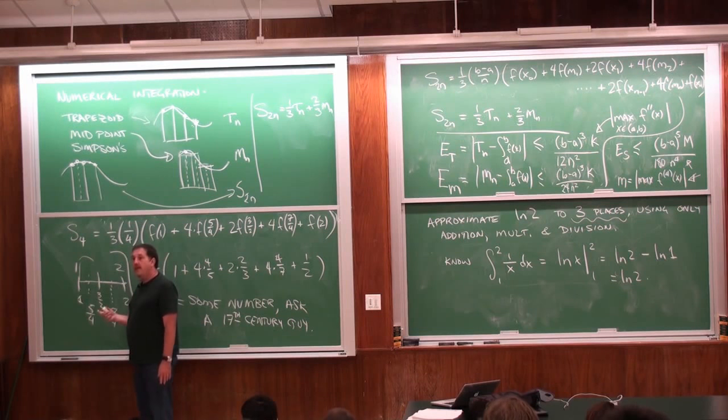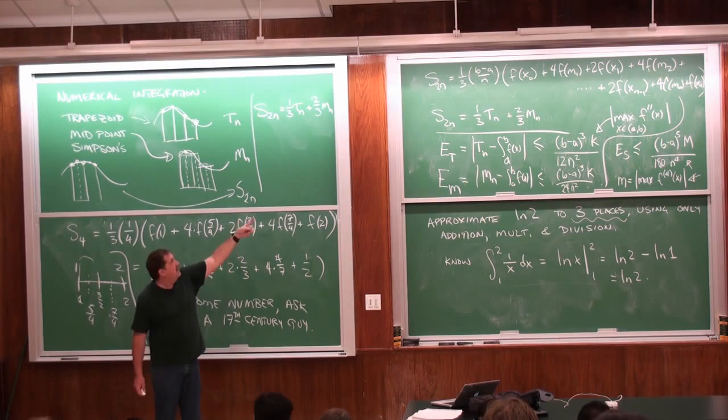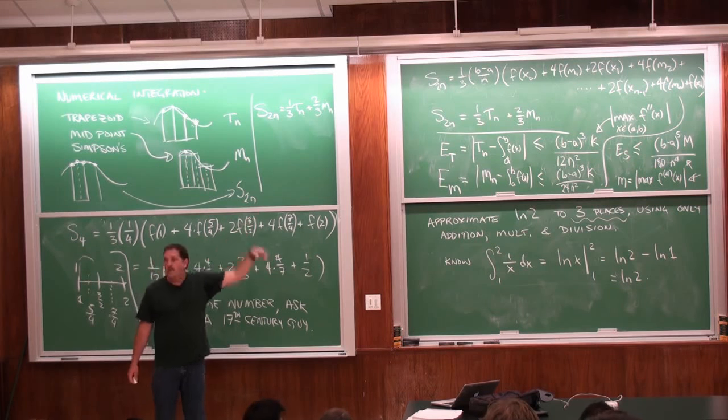Another source prefers to count the number of intervals. And so in this case, I would call it 2 intervals, or n equals 4 points. If n is the number of intervals, then instead of the third, it's a 6th, and you have more stuff inside.